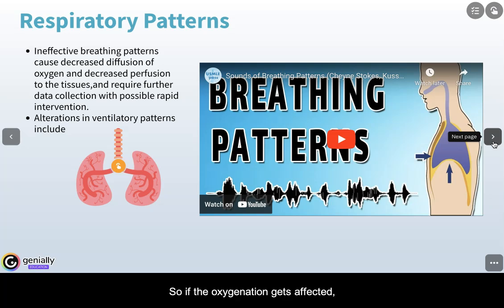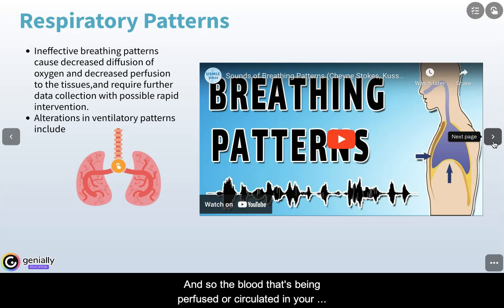So if the oxygenation gets affected, that same blood that doesn't have enough oxygen goes back to your heart, and it gets perfused into your tissues. And so the blood that's being perfused or circulated in your body is not going to be oxygenated enough. And you'll understand this a little bit more after we cover the cardiovascular system.